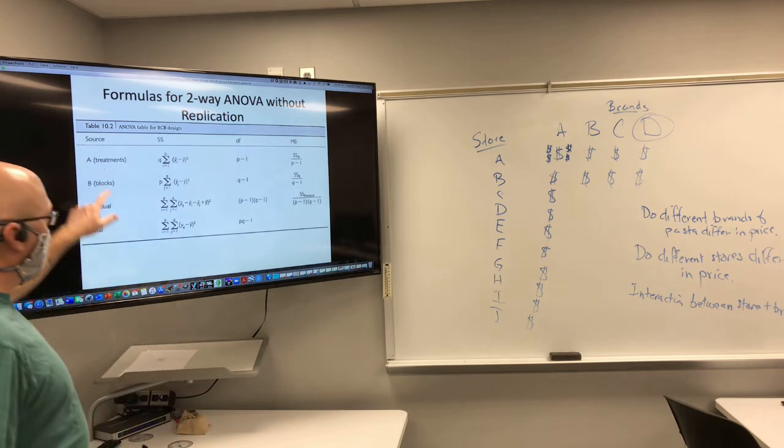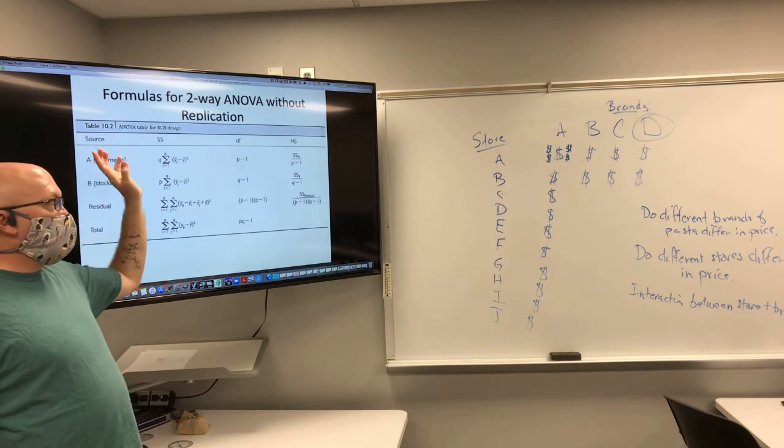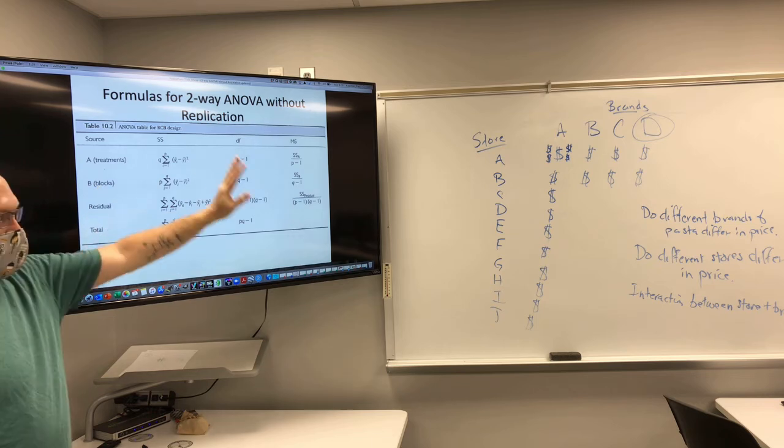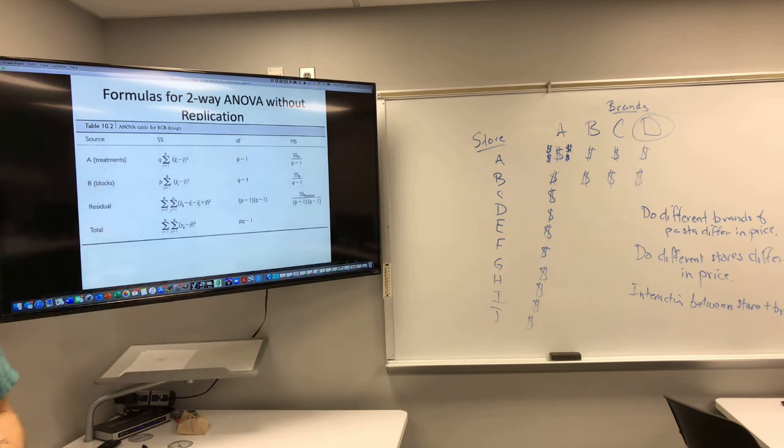So you can test the main effect, in this case, of brands. You can test the main effect of store, but you can't test whether stores and brands interact with one another in ways that maybe there's one store that is particularly cheap for one particular type of brand. All of that interaction variability goes into the residual term.